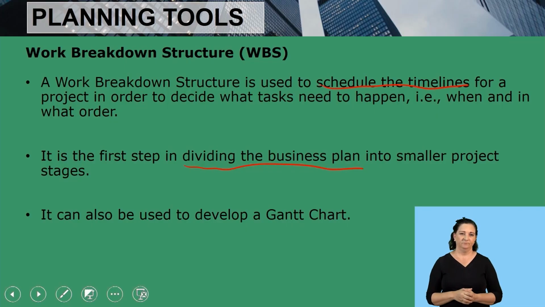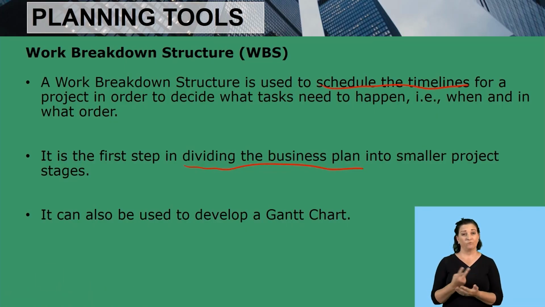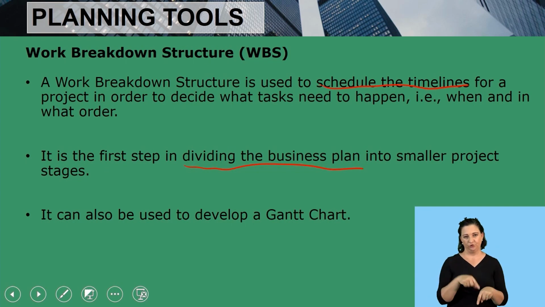So they become smaller stages that are achievable, in order for the business to achieve that one final goal, which is the bigger project. It can also be used to develop a Gantt chart.